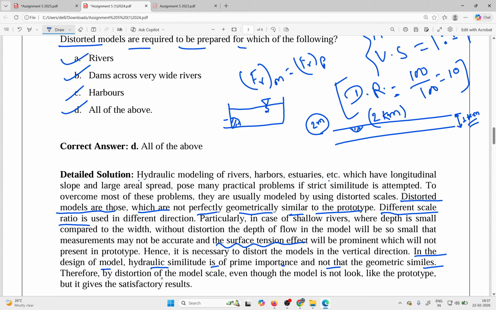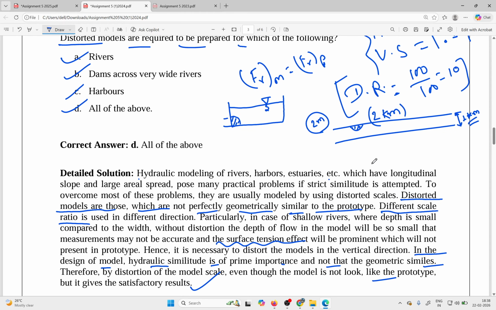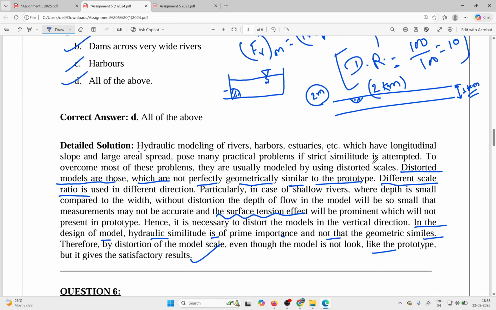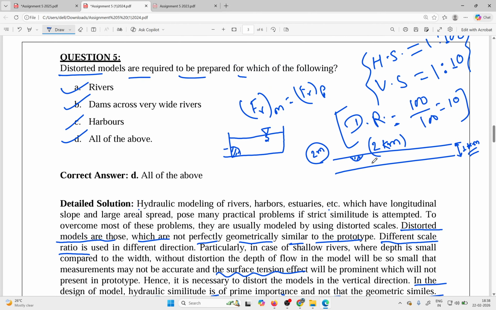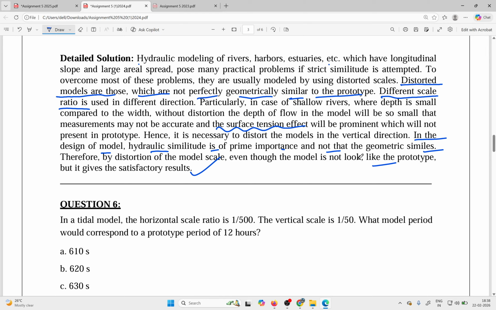Therefore, by distortion of the model scale, even though the model is not exactly like the prototype, it gives a satisfactory result. Not exact, but satisfactory. So remember, this is very conceptual. This was a very conceptual question and the explanation is very good here. Now we'll move on to the next one.